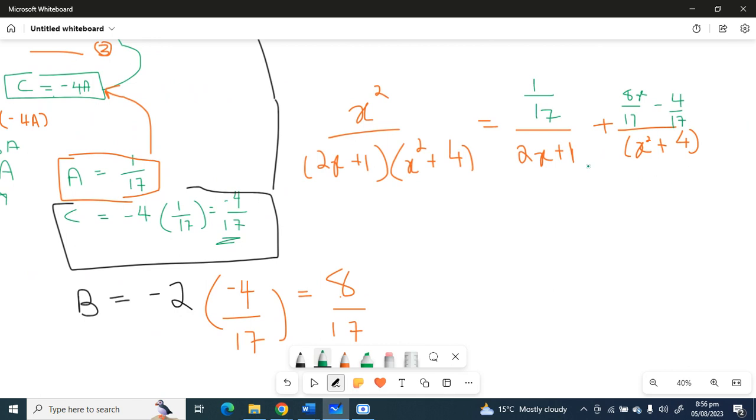So we simplify this. Usually whenever you have a situation like this, the lower denominator just comes here. That is just the shortcut.